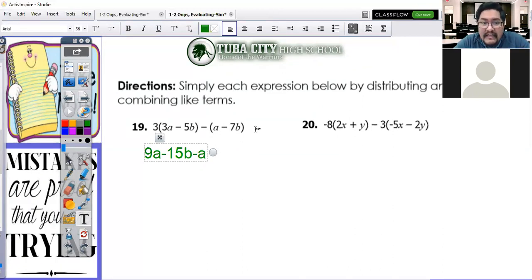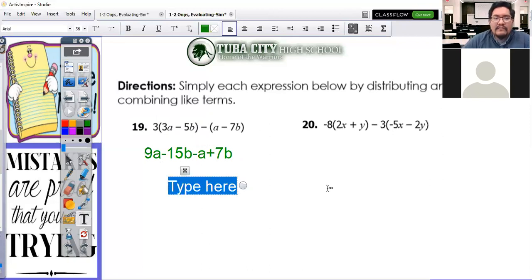So that means we subtract the A. But we're also subtracting the -7b. If you take away a negative or subtract a negative, you take away its negative, which means it's now positive. Or again, you can also read that as opposite. So the opposite of negative is positive. So that's why we end up with plus 7b.